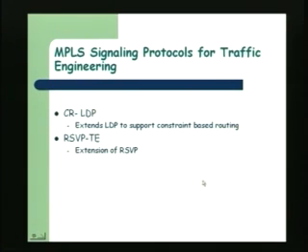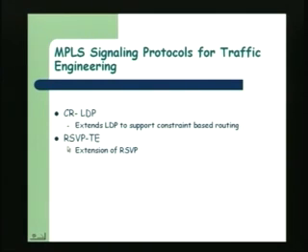Of course, to establish these label switch paths, you require signaling protocols for traffic engineering, and there are two approaches which were proposed. One is the extension of the existing label distribution protocol to support constraint based routing, and that approach was called CR-LDP, or constraint based routing label distribution protocol.